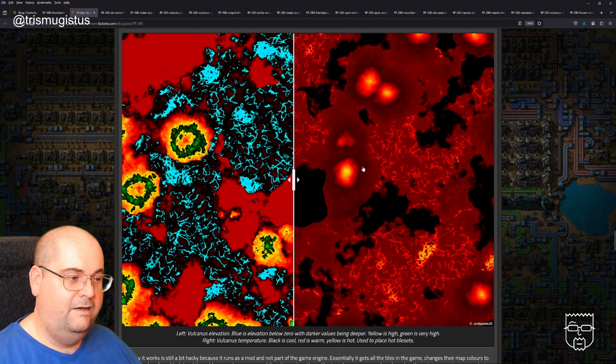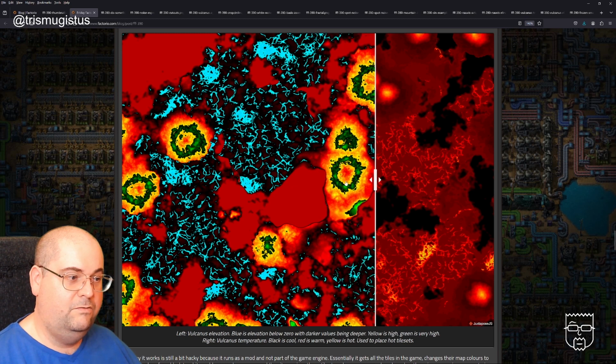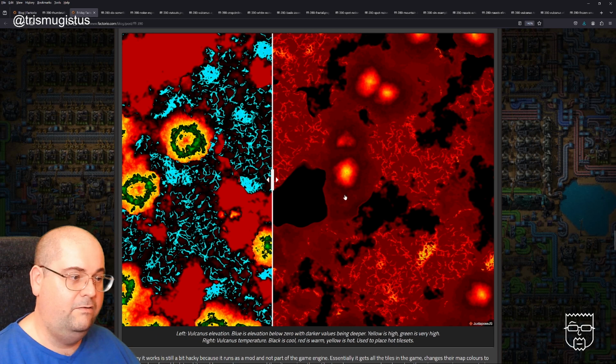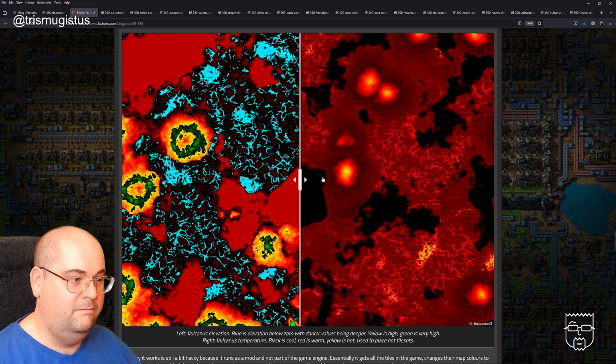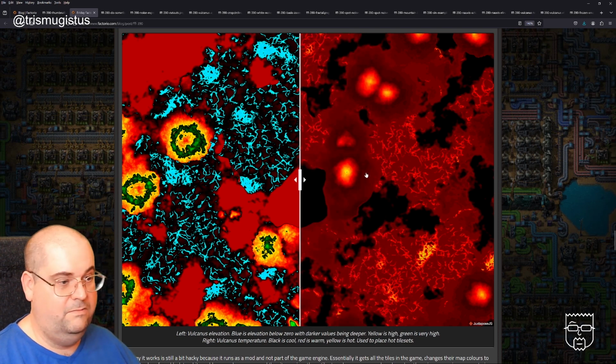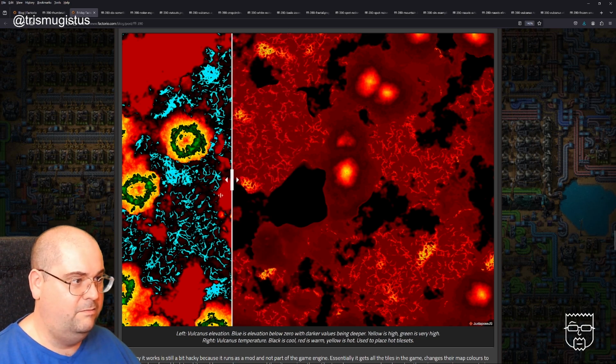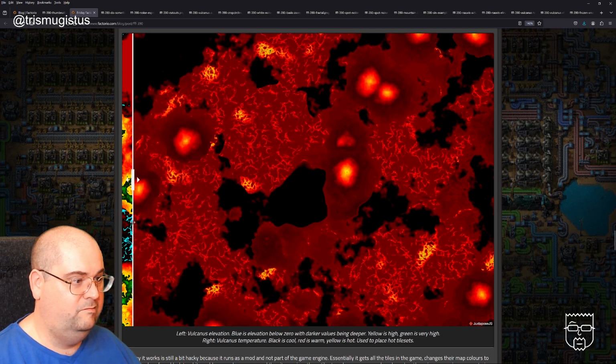So what they've done is they've used a separate heat map to say, right, well that's hot, and therefore when it goes over a certain value, it must become lava. So that's the answer to my question from earlier: these are the same height, but this is hot, so it's lava, and this is not, so it's the dust stuff that they were talking about. So there you go, there's the answer to my question.